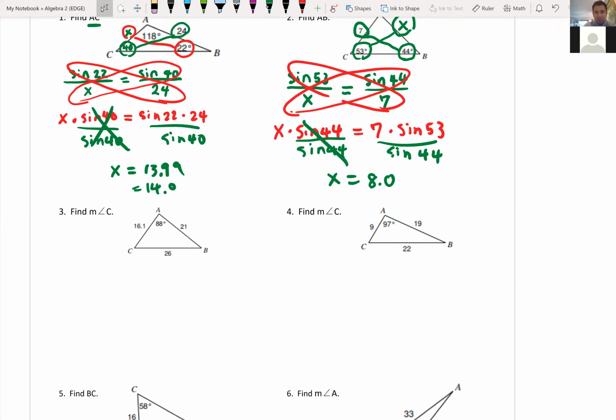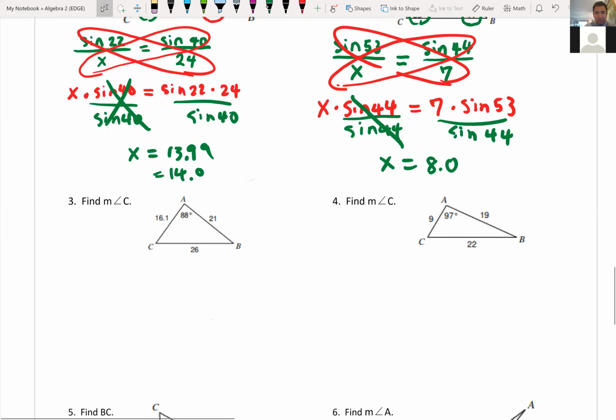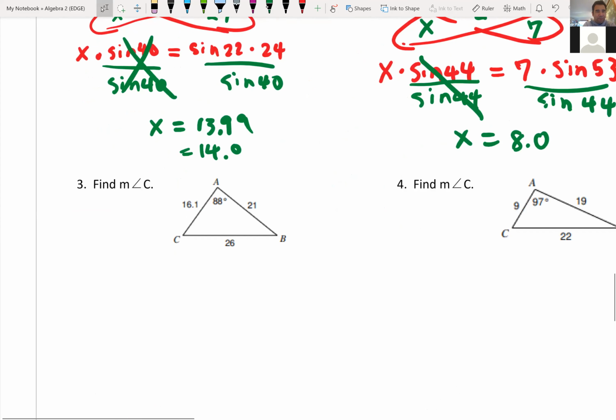Okay, number 3. Sometimes there are questions with extra measurements that you don't really need and don't even use. That is the case for number 3. But first, let's identify what we are after.